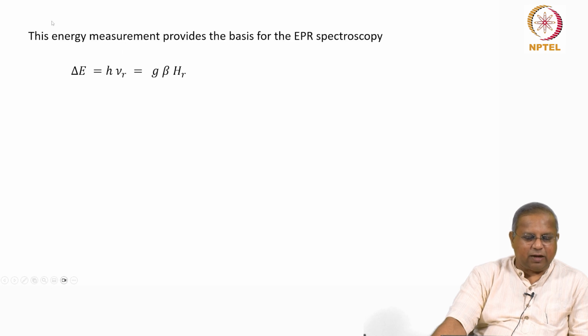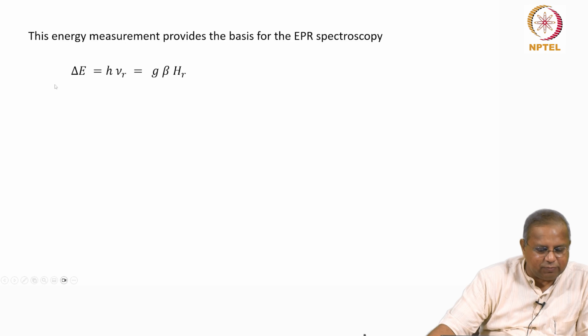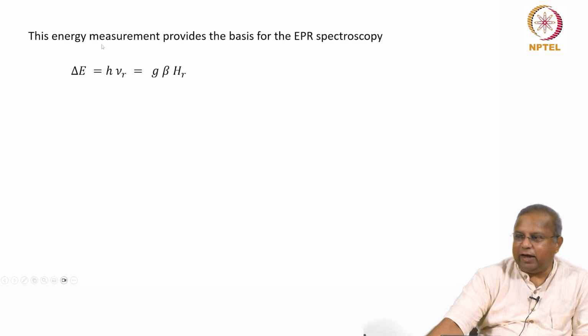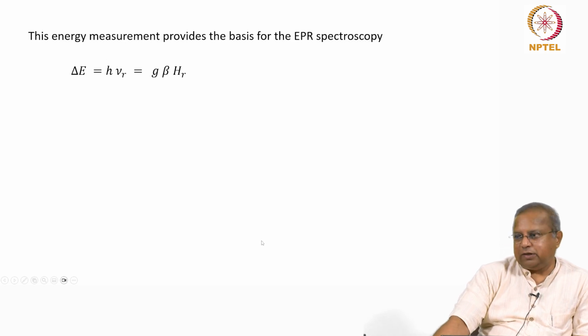Under resonance condition, we already know that delta E equals g beta H_r, where r just means the resonance condition where it can absorb. And of course, E equals h nu. Therefore, you could write this as a product of Planck's constant and the frequency at which the resonance is occurring. Okay. So that is straightforward.